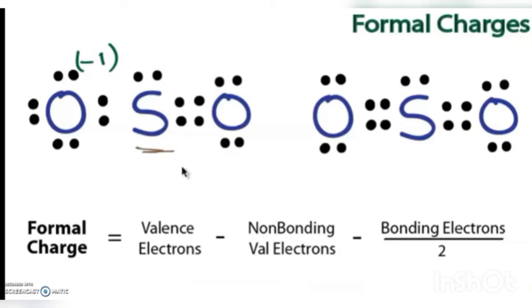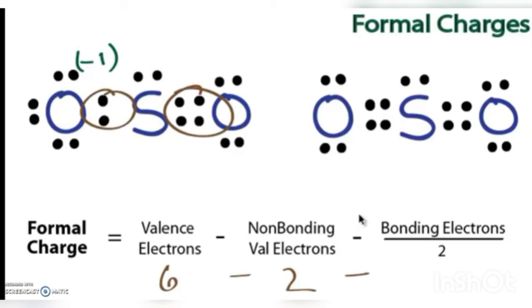Then we have to find the charge on the sulfur. Similar method: sulfur has 6 valence electrons, 2 non-bonding valence electrons, and bonding electrons 1, 2, 3, 4, 5, 6. 6 by 2 is 3. If you calculate, you get a charge of plus 1 on sulfur.